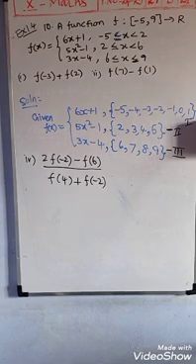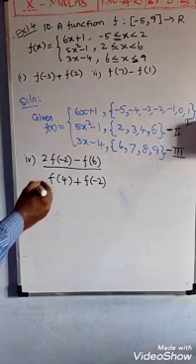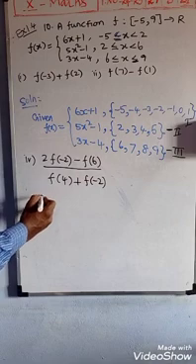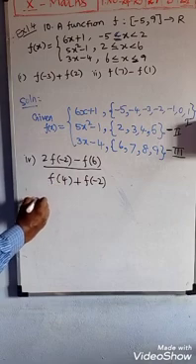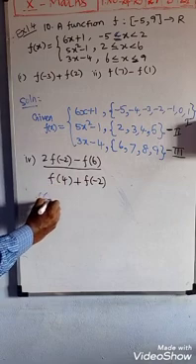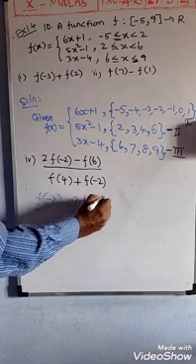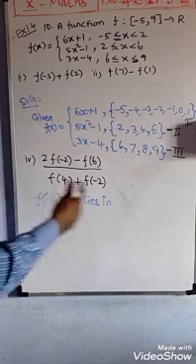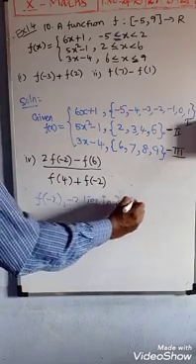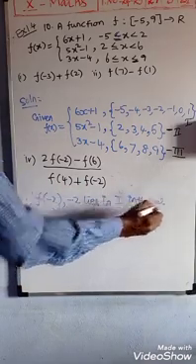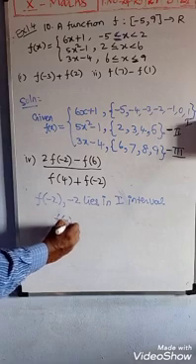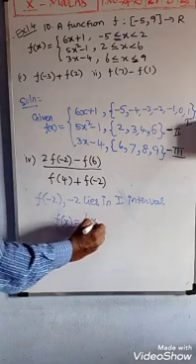Next is the fourth point: 2 times f of minus 2 minus f of 6, divided by f of 4 plus f of minus 2. We want to find this value. First take f of minus 2. Which interval does minus 2 lie in? The first interval, so f of x is 6x plus 1.